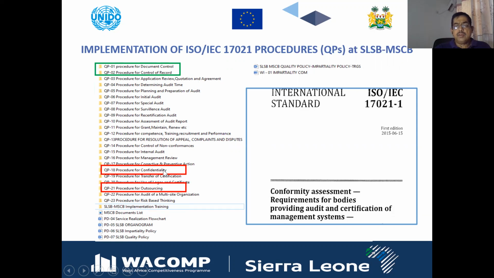In this Module 2 training, I will explain QP18 and QP21 and how you can implement the formats. First you have to understand each QP with respect to the standard, ISO 17021, and then implement it. So today we are going to discuss QP18 and QP21.